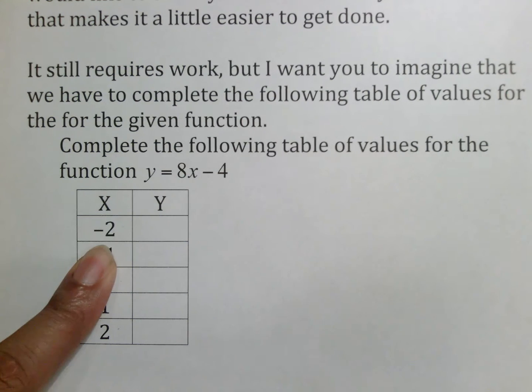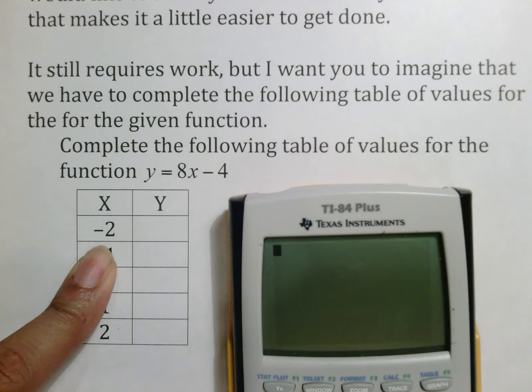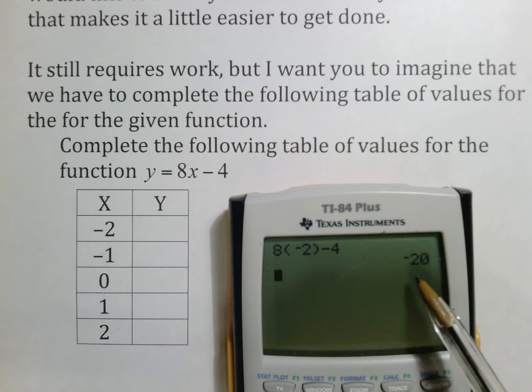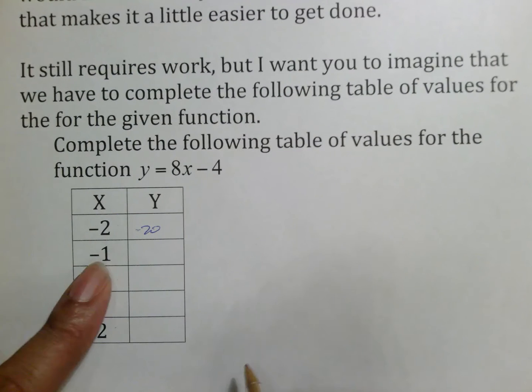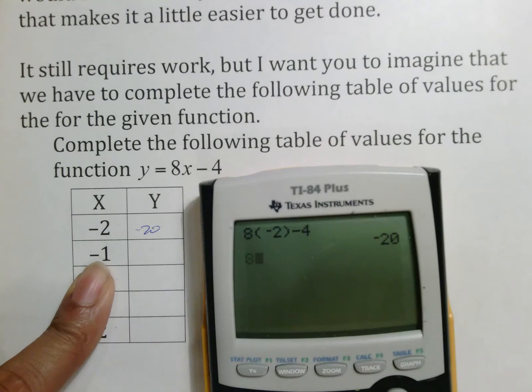So you will take your calculator next week and type in 8 parentheses -2, close it, -4, equals, and get the answer of -20. Then you'll do it for this one and type 8 parentheses -1, close, -4, which is -12.